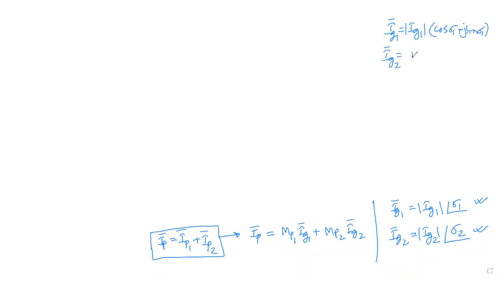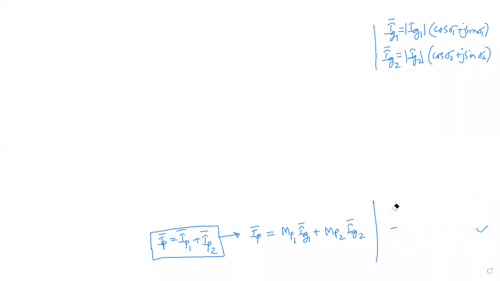Similarly, IG2 phasor is IG2 multiplied by cosine sigma 2 plus j sine sigma 2. So this is what we have. Now we have IP is MP1 IG1 plus MP2 IG2.